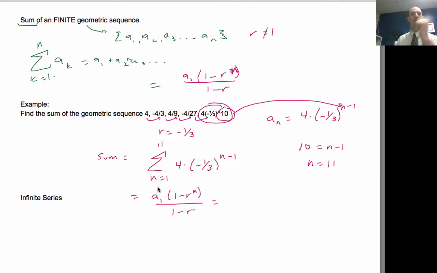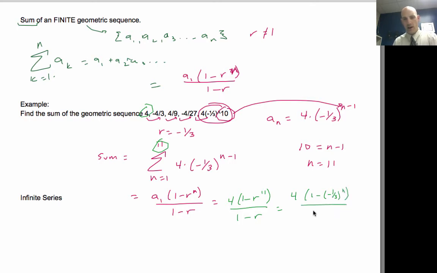And I'm going to plug in the pieces here. So this a sub 1 is my first term, and luckily they defined that one for me. So I've got 4 times 1 minus r to the 11th over 1 minus r. Plug in my r: 1 minus negative 1/3 to the 11th.